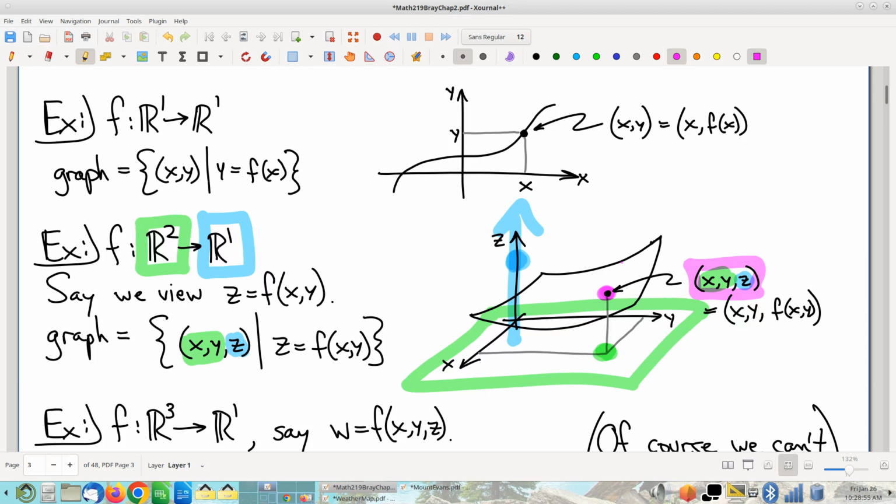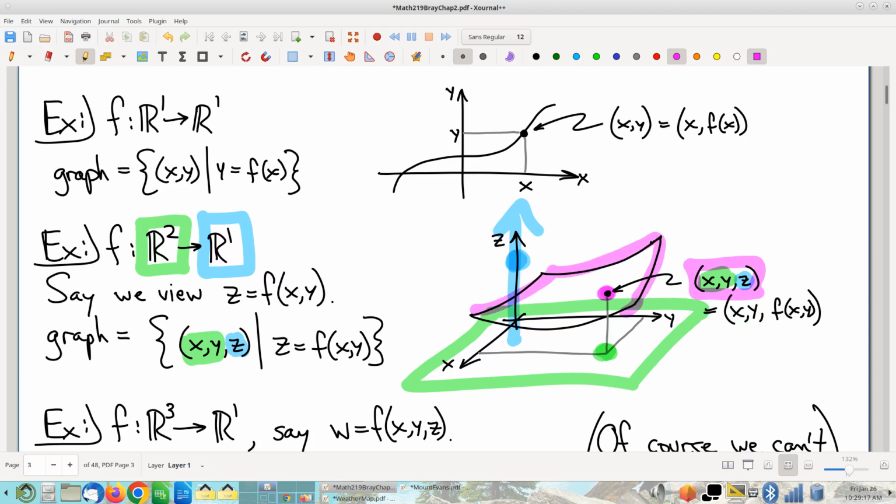Let me say that a little bit differently. You're going to take this entire plane and lift it up different amounts in different locations, right? But the plane gets lifted upward, asymmetrically, to produce this thing called the graph. And I appeal to your geometric intuition.